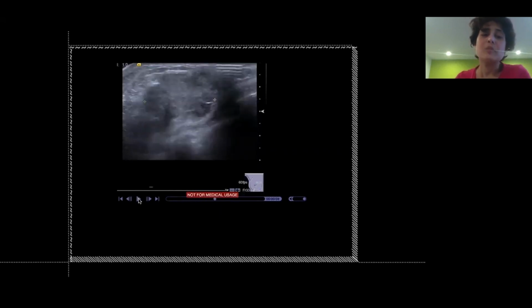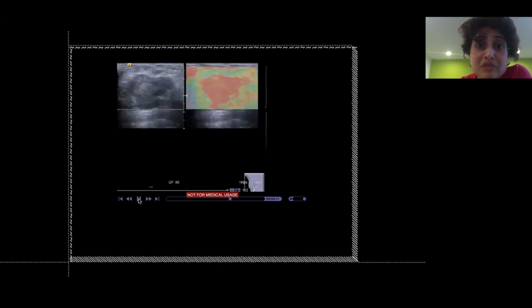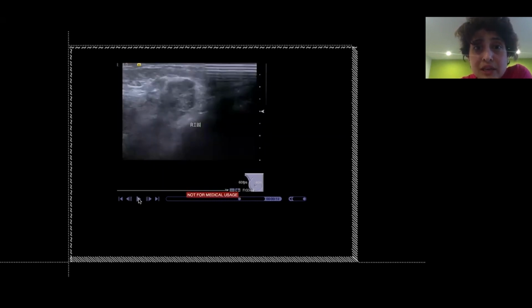Right, because we commented on how posteriorly sited it is, it would be good to comment on involvement of the pectoralis major muscle, on involvement of the rib. And that's what you see there. So where the rib has been marked, it doesn't look like it's involving the rib. Of course, ultrasound is operator dependent. It depends on how you interpret the ultrasound images.